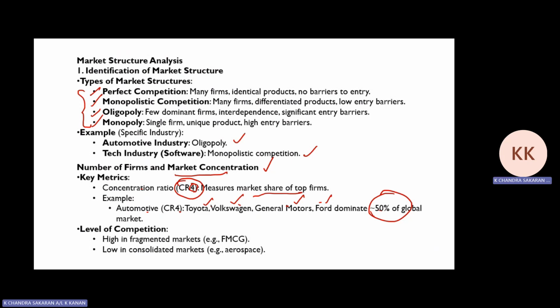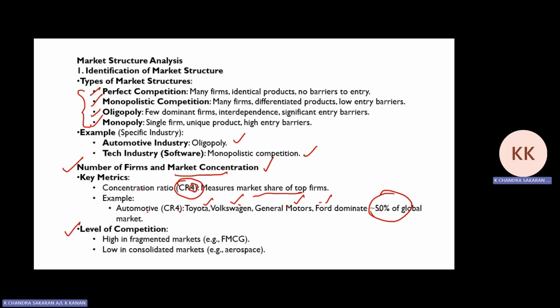Okay, level of competition. Based on the number of firms, the level of competition is very high in monopolistic and perfect competition. The level of competition is very low in oligopoly and monopoly. That is related to the level of competition.